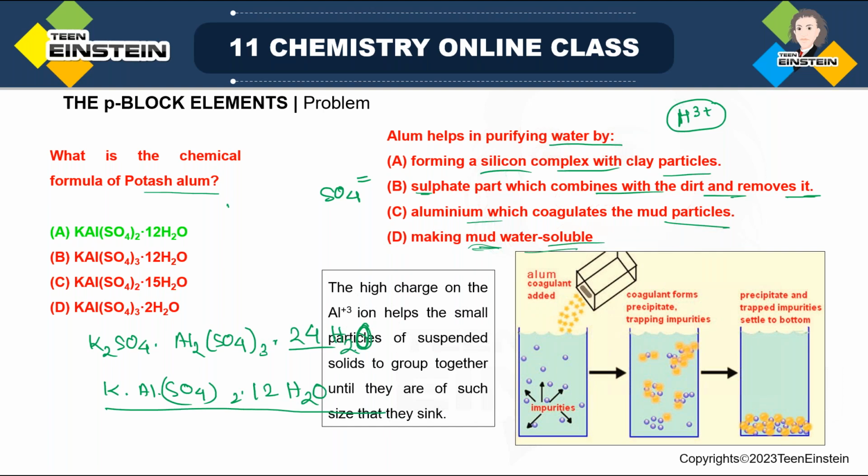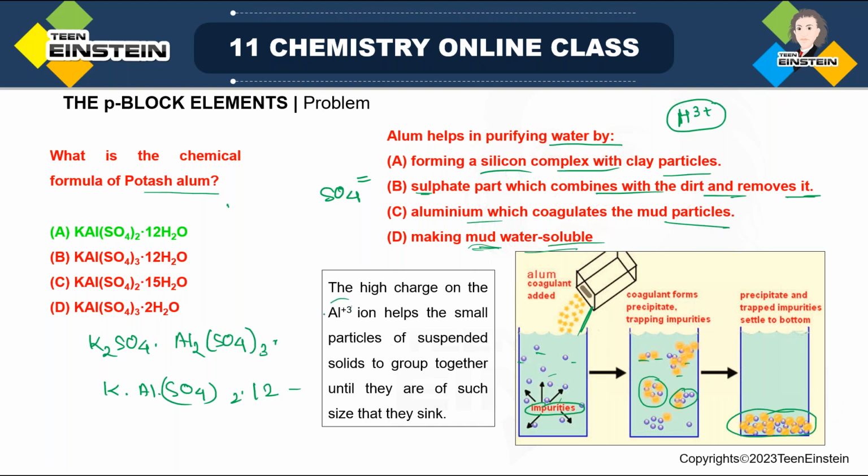So what is happening here? If you look at this picture, first we have impurities in water. Suppose these are the mud particles. When we add this alum, this yellow orange color, it helps in coagulation, and finally the size of these particles will increase in such a way that ultimately they will sink to the bottom. Once they are separated and sink to the bottom in the form of precipitate, we can filter the water.